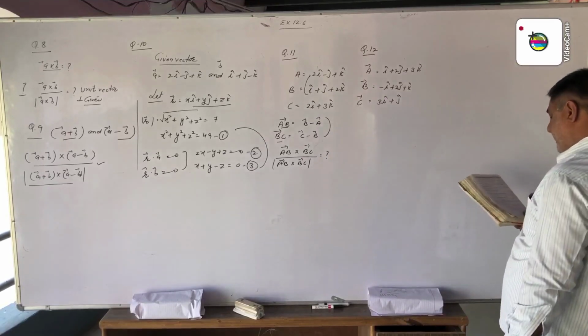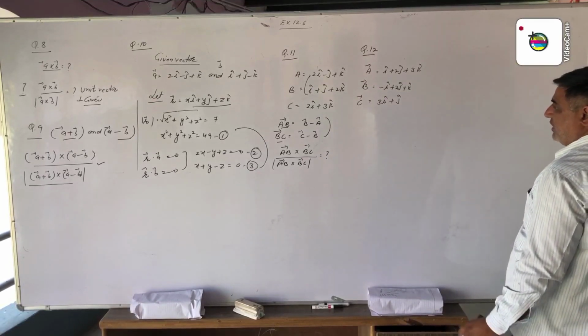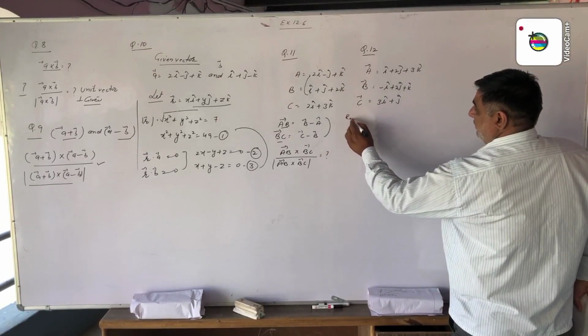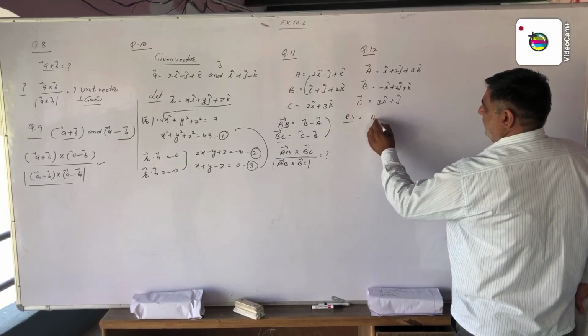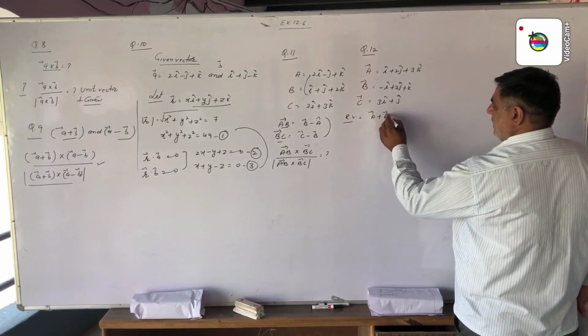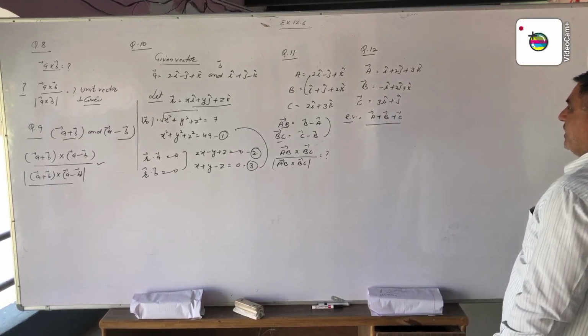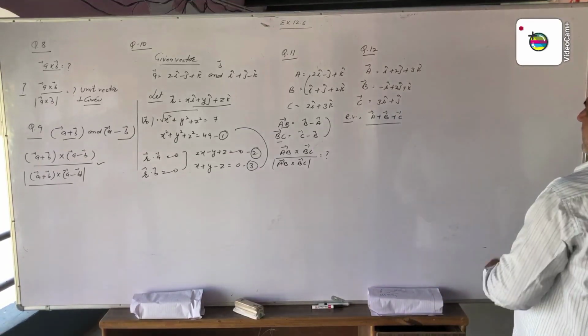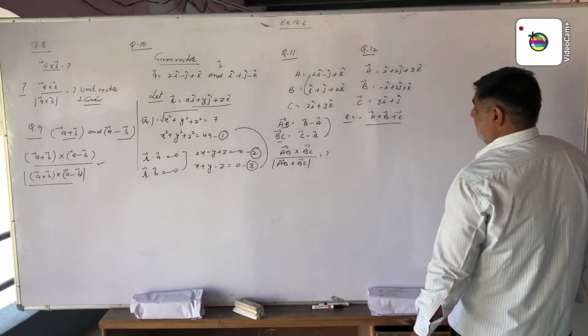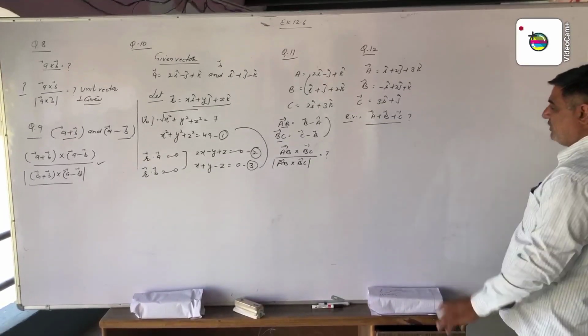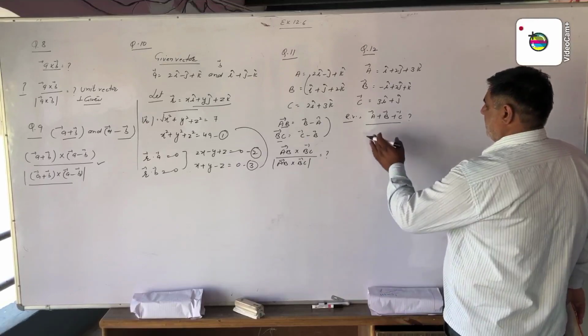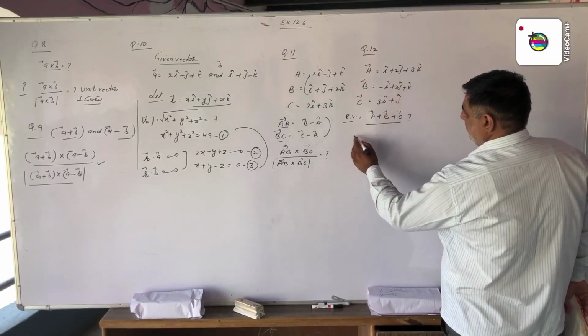The resultant vector is A plus B plus C, the resultant of these three vectors. Now we add these vectors.